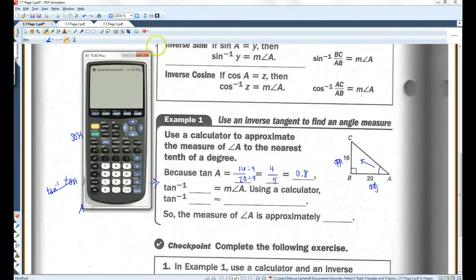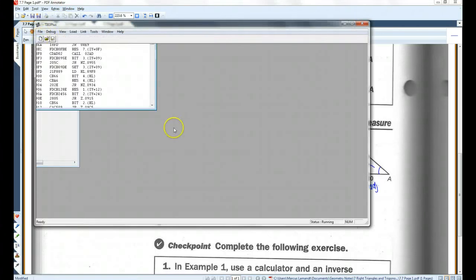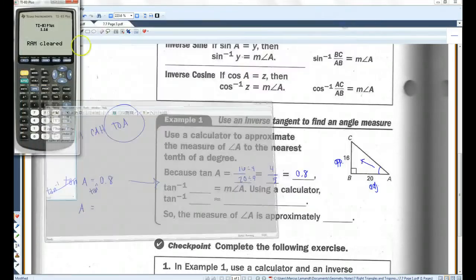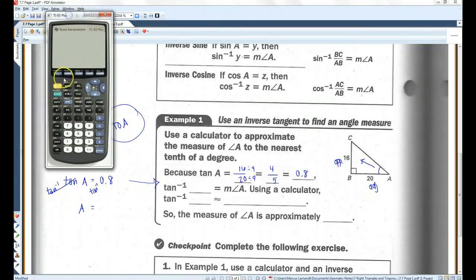Let's go ahead and do that. Okay. So, the way you find inverse tangent on your calculator, you're going to hit second and tangent.